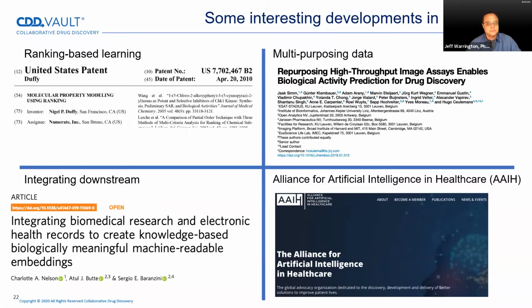Now, continuing a bit of a theme around the data, what types of data and metadata do you both use? Jeff first. Great, thank you. Well, it really depends on the task at hand, but we don't throw anything away. For example, compound color could be related to purity.